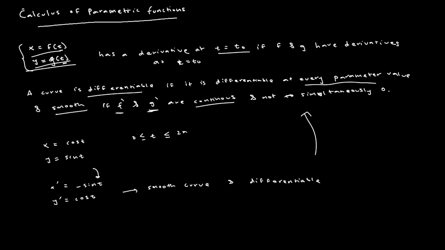Alright, so that was the definitions. And so far we have just differentiated with respect to t, but what if we were asked to find dy over dx? We have y is some function g of t, and x is some function f of t. And we can easily find dy over dt and dx over dt, but how do we reason about dy over dx?